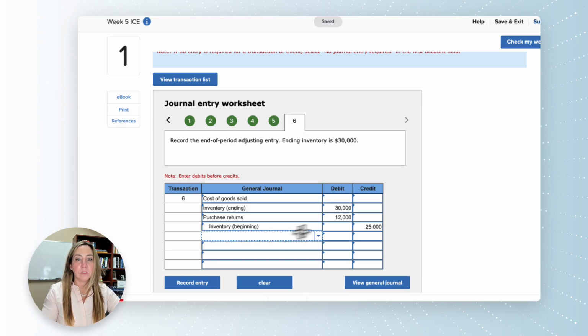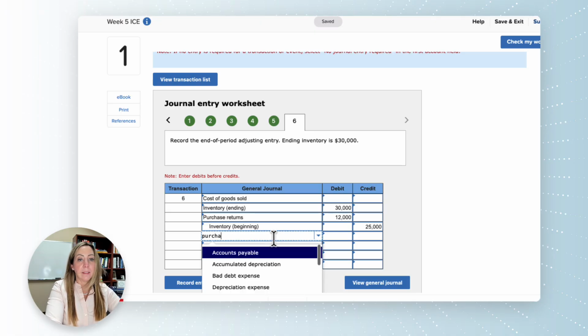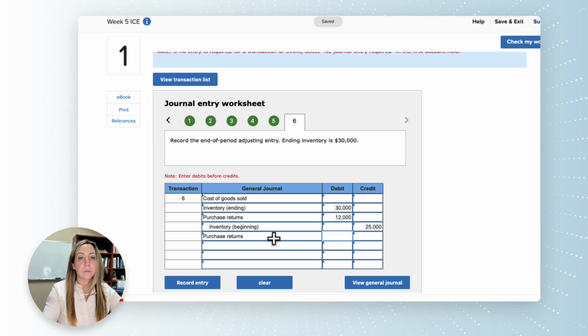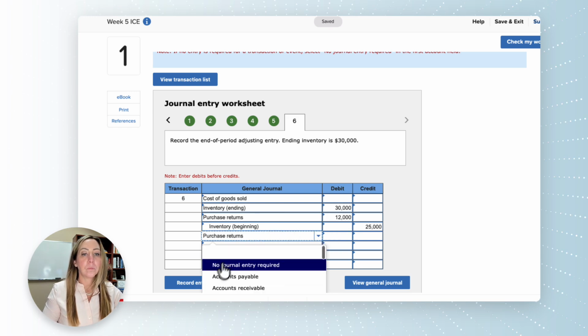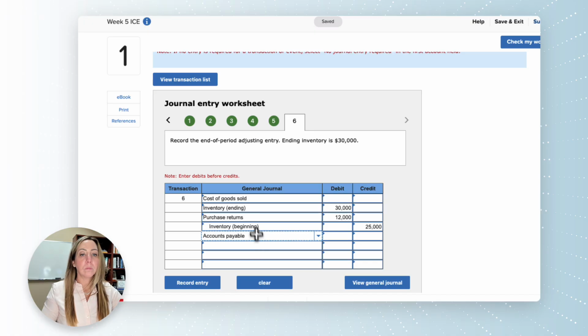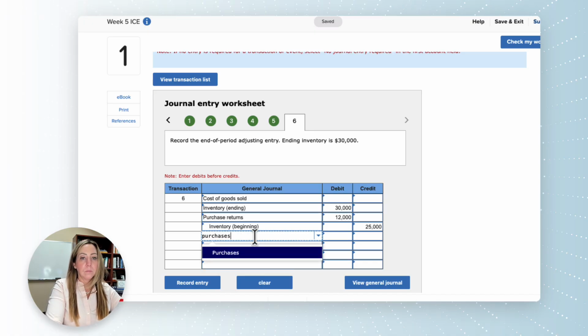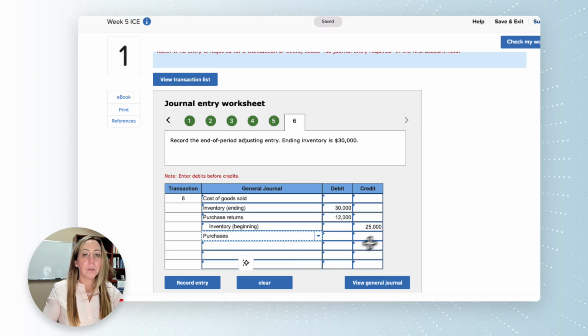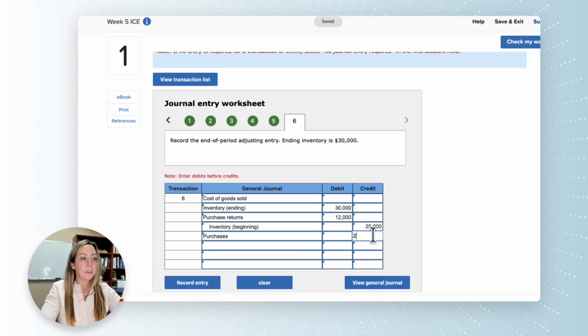That's $25,000. And then we need to credit the purchases account, which we had debited in our first transaction. And that was for, oops, that was purchase returns. I don't want that. There we go, for 155. Yeah, 155. Credit.